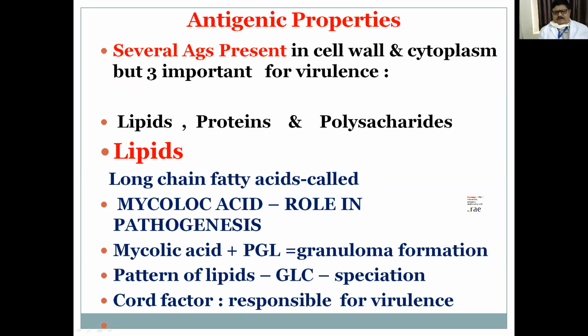And PGL, peptidoglycan layer, gives shape to the cell, and also gives strength to form granuloma. And also the pattern of lipids is studied by gas liquid chromatography, GLC. And cord factor is responsible for virulence. So this you have to mention when you are given a short note question about mycolic acid.